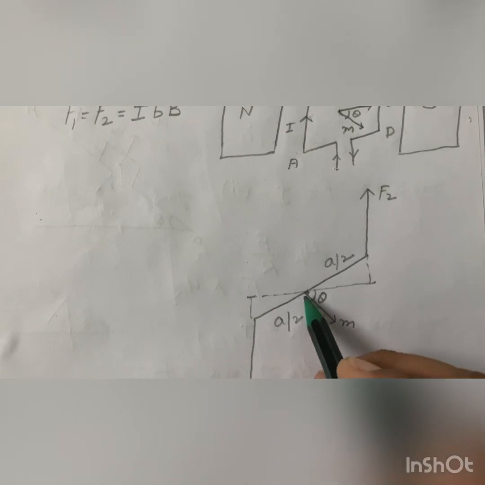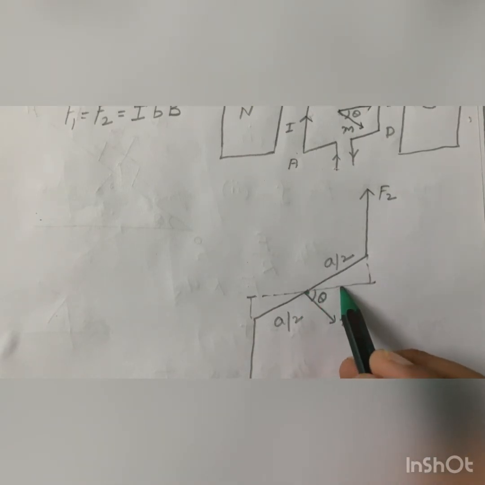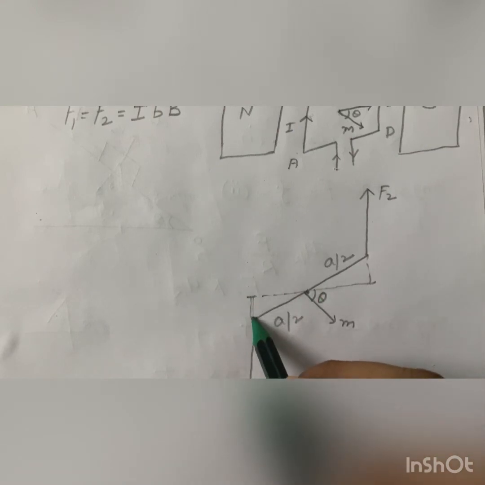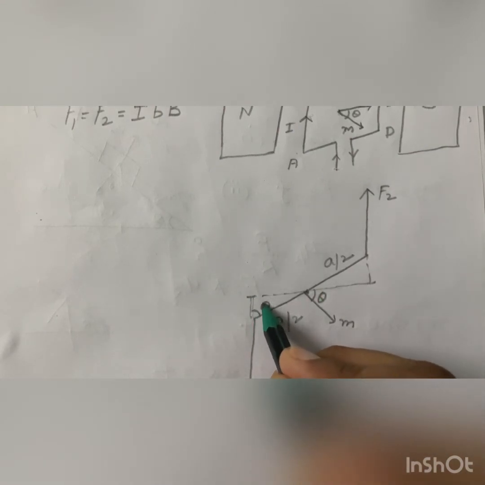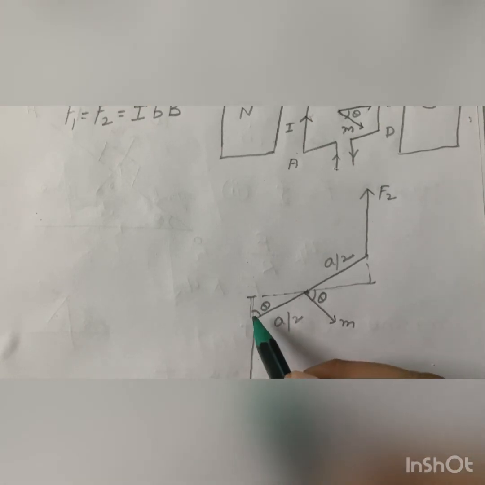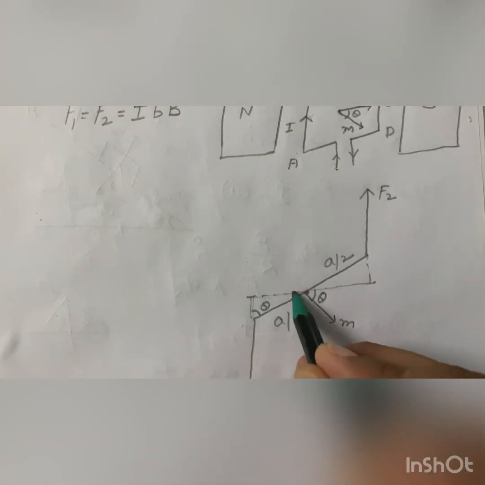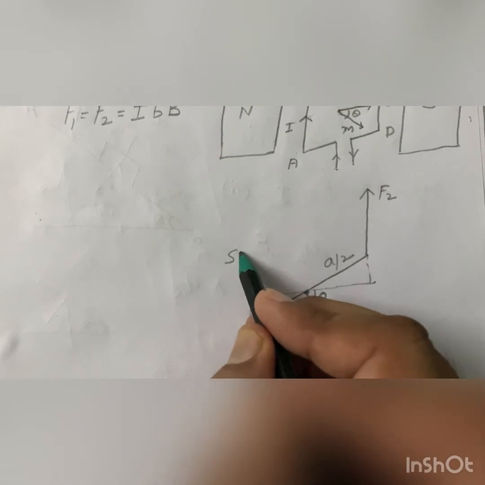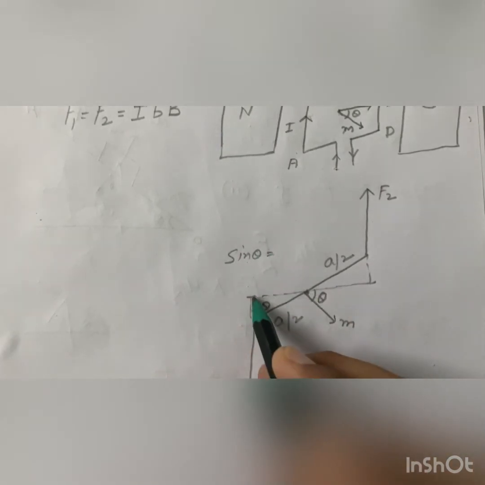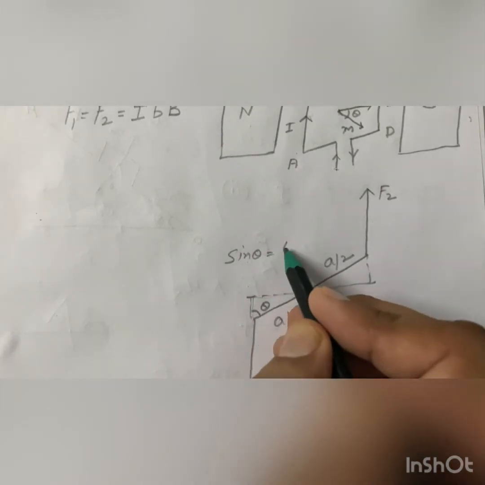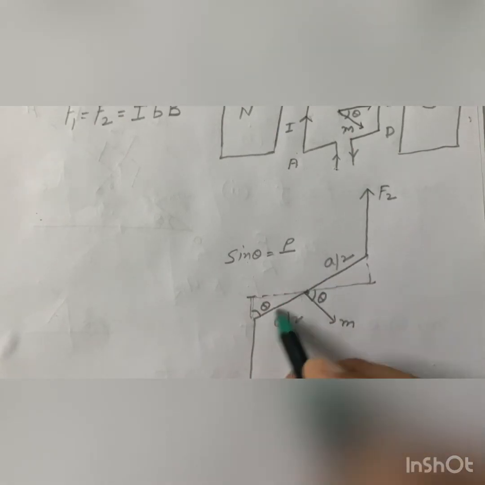Now we see this line is perpendicular to this line and this line is perpendicular to this line. So it means this angle is theta. From this triangle we have sine theta equal to perpendicular over hypotenuse.